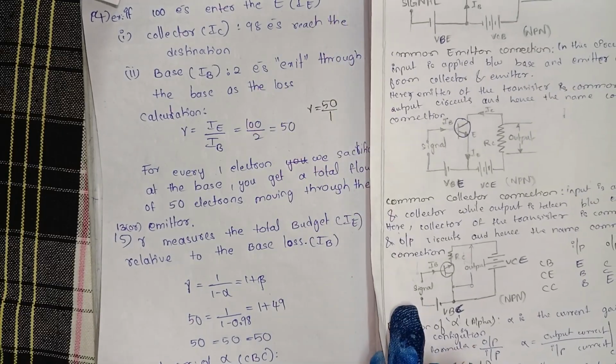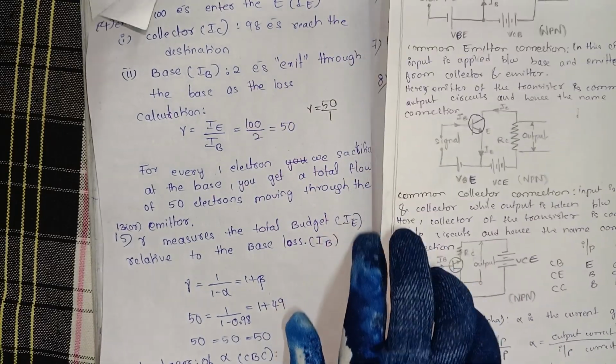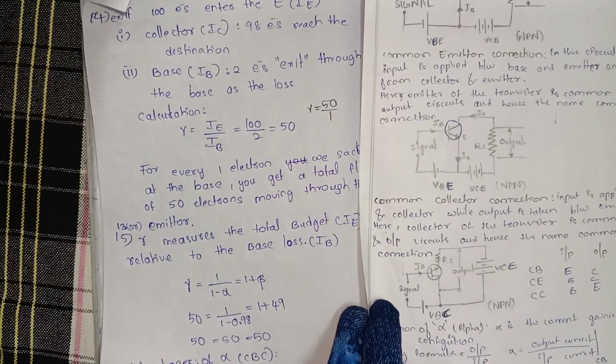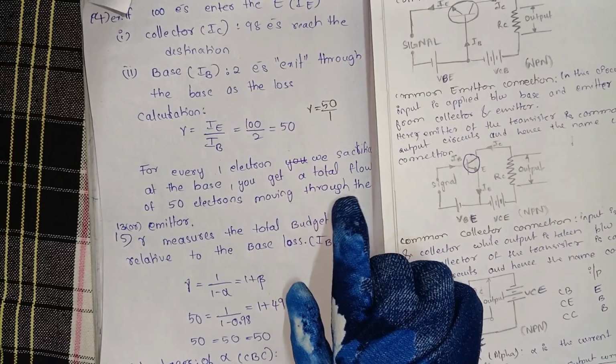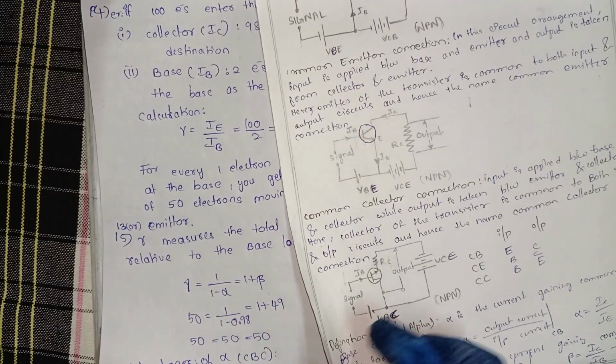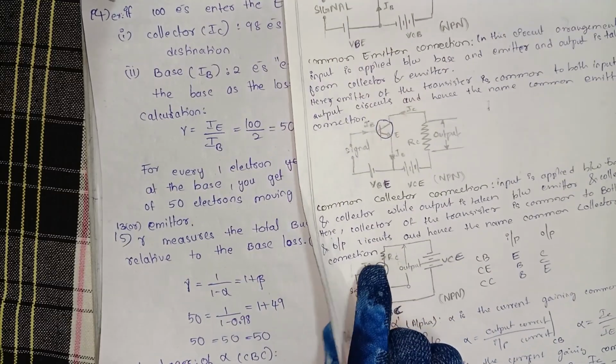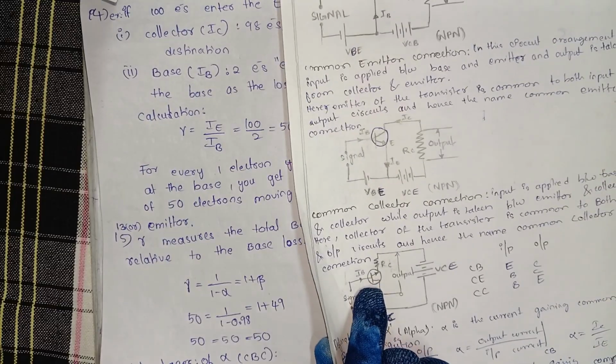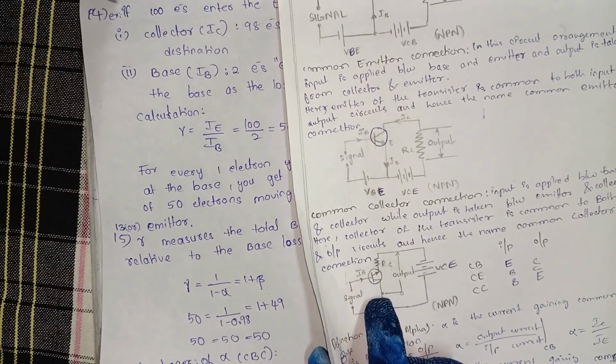So we get a total flow of 50 electrons moving through the emitter.